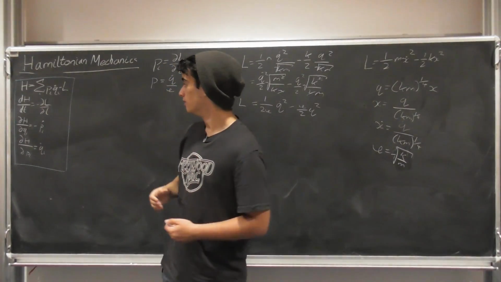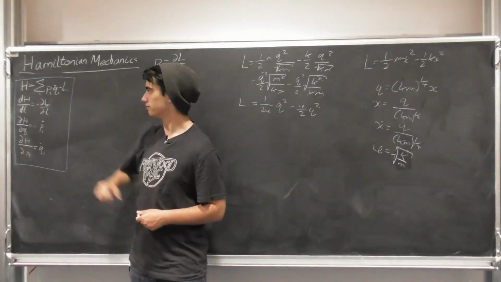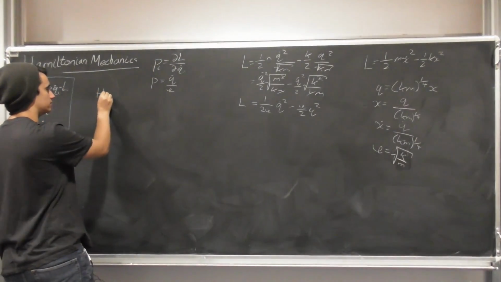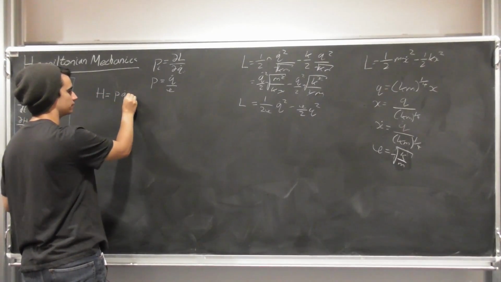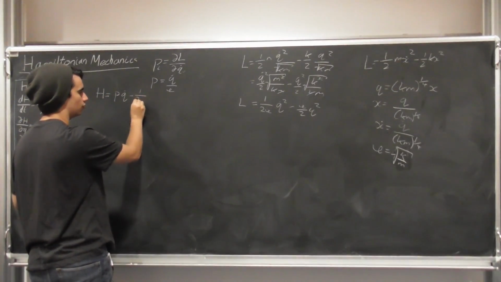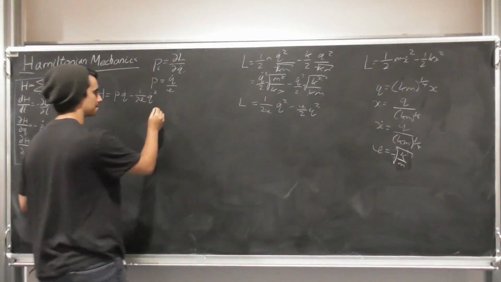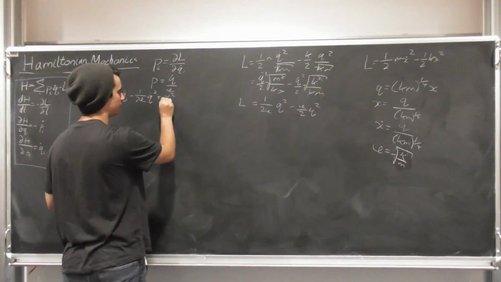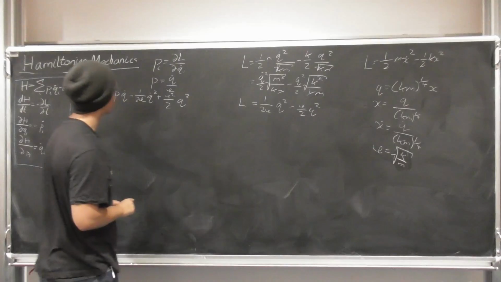Right. So now we can start plugging things into our definition of the Hamiltonian. So we'll say that our Hamiltonian will be p times q dot minus 1 over 2 omega times q dot squared, minus, or rather plus, omega squared over 2 times q squared.